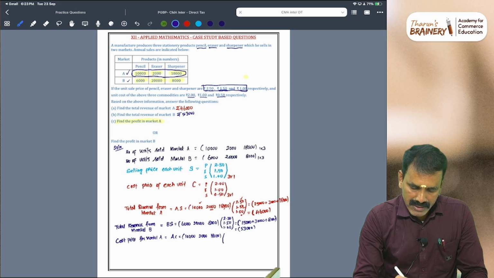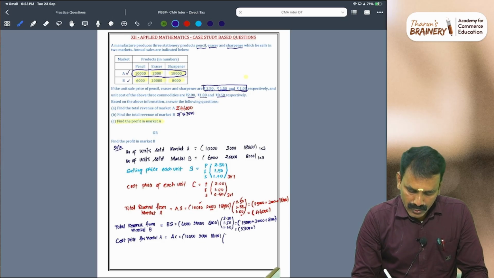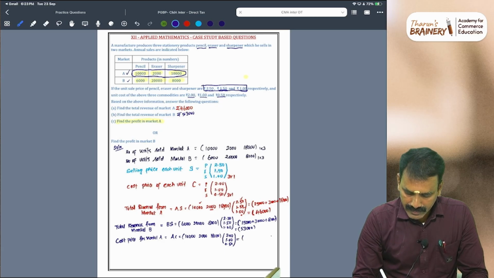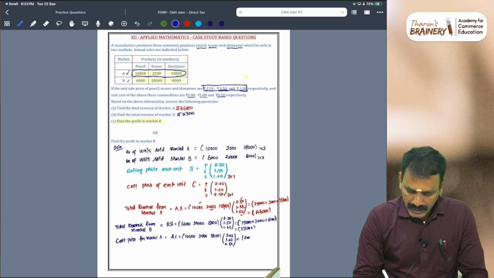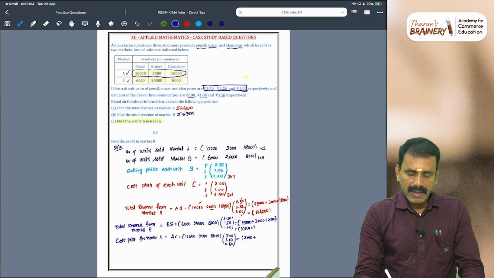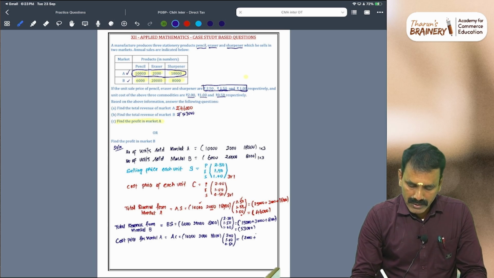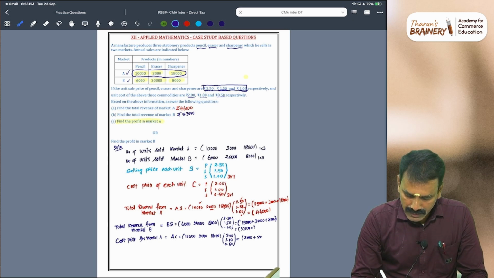And the cost price is given to be rupees 2 for pencil and rupees 1 for eraser and 0.5 rupees, that is 50 paise for sharpener. So we are going to multiply. So 10,000 multiplied with 2 rupees. So it is going to be 20,000 plus 2,000 is multiplied with 1 rupee. So 2,000 into 1 will be 2,000.